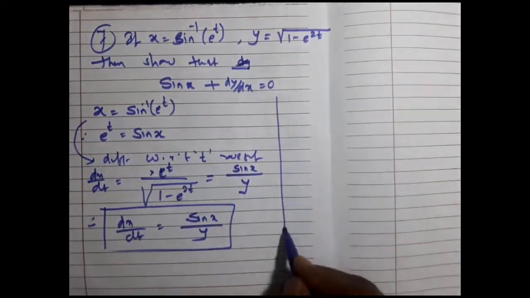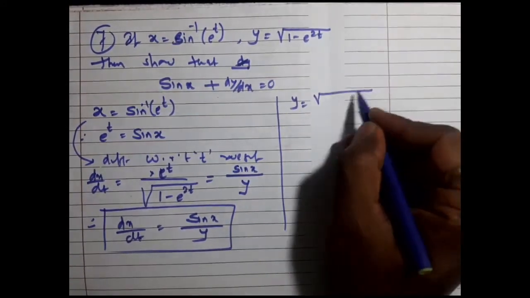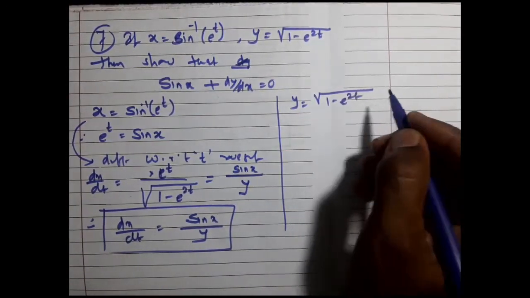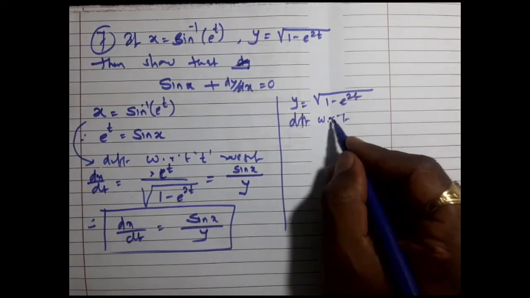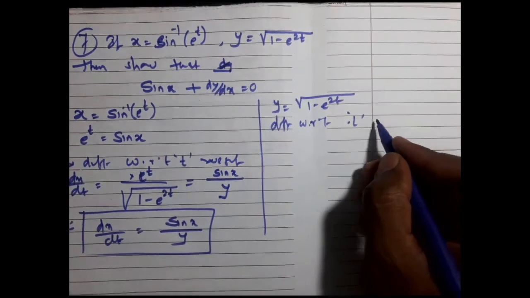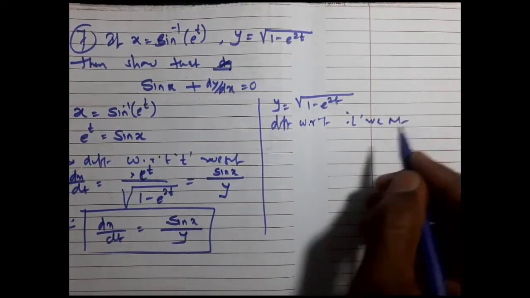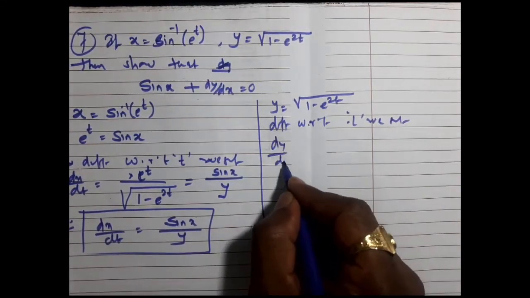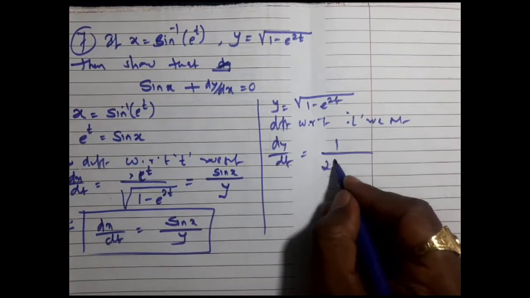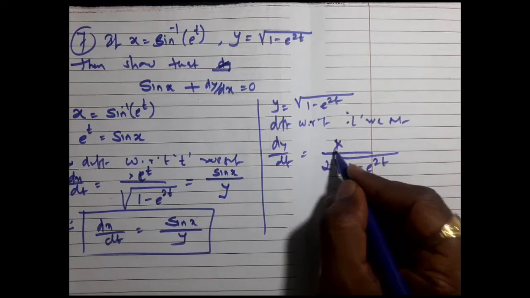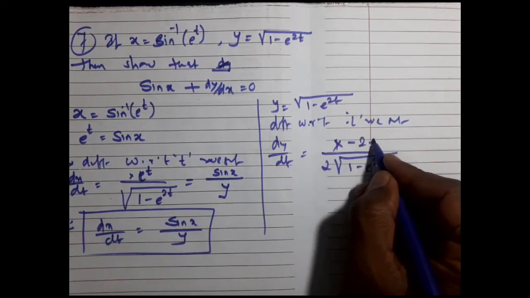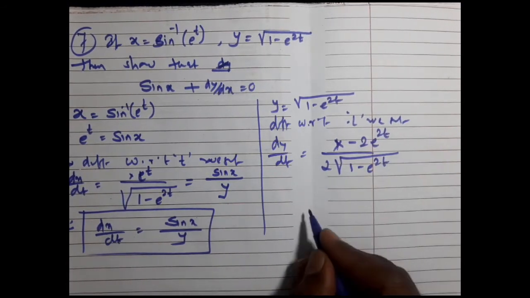Now come to the y. What is y? 1 minus e raised to 2t under root. Differentiate with respect to t, we get dy by dt is 1 upon 2 root 1 minus e raised to 2t, and its derivative is minus 2 e raised to 2t.